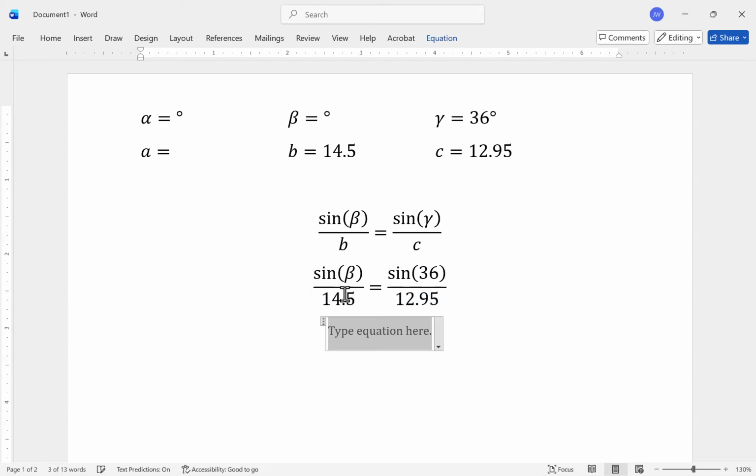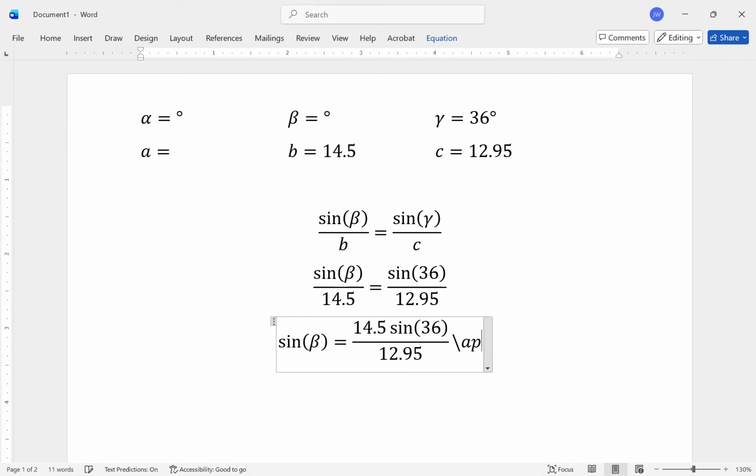So in order to solve for sine of beta, all I have to do is multiply both sides by 14.5. So 14.5 times the sine of 36 divided by 12.95. I could get an approximate value if I wanted. Maybe that's more confusing than it needs to be.